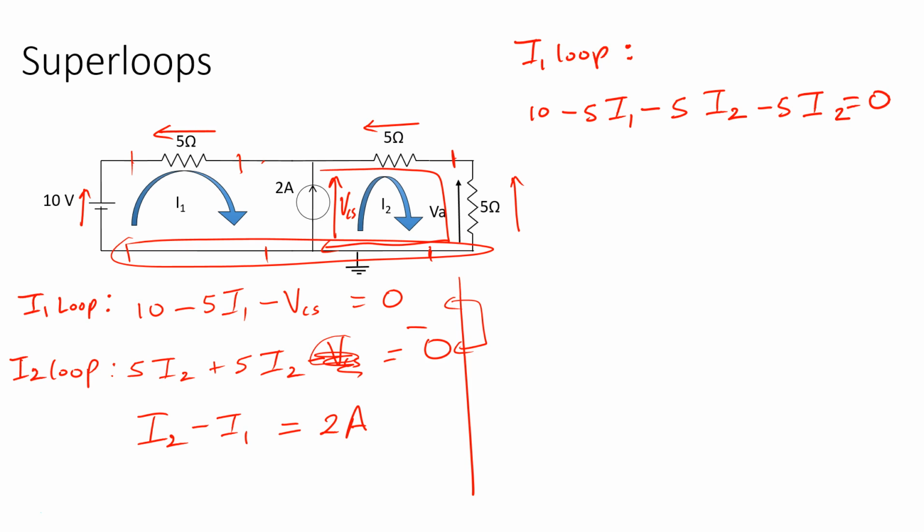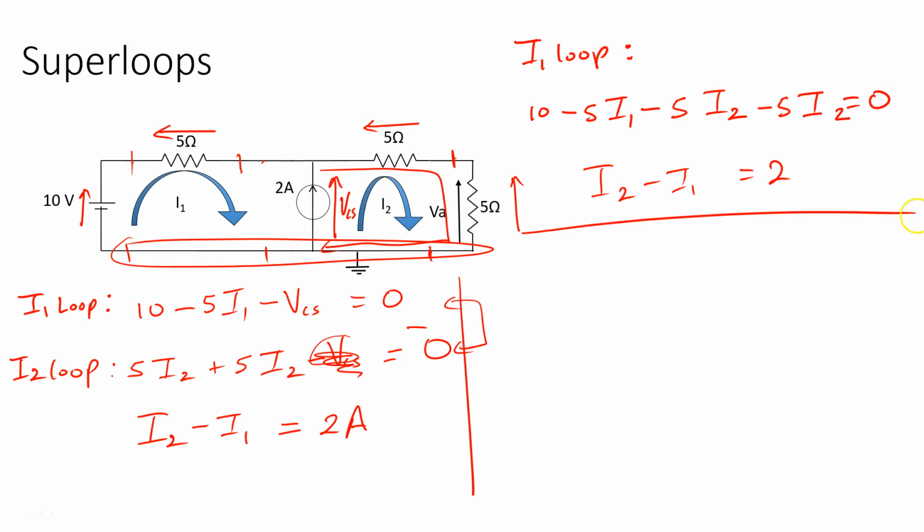You could go ahead and solve this and post your answers on the forum, and if you have any problems you could post those as well. Once you have these 2 equations, this equation and I2 minus I1 is equal to 2, you just solve those simultaneously, which I don't think should cause you any problems, and that would give you the result.